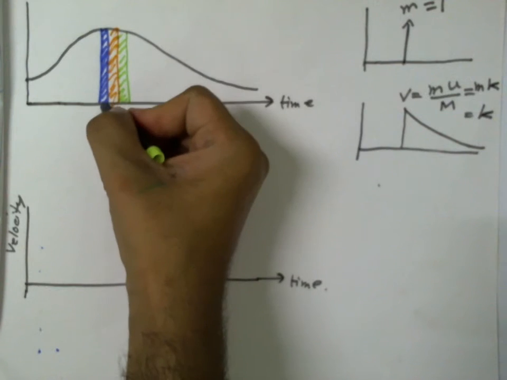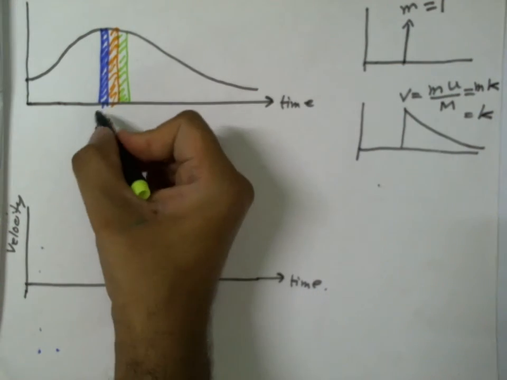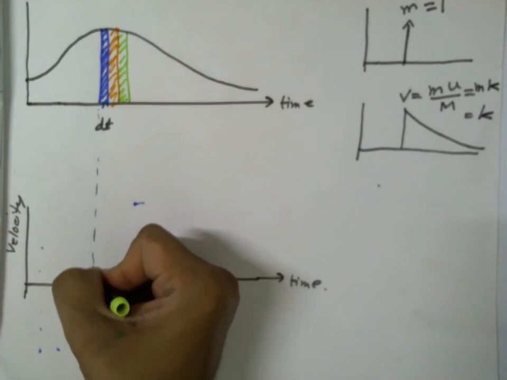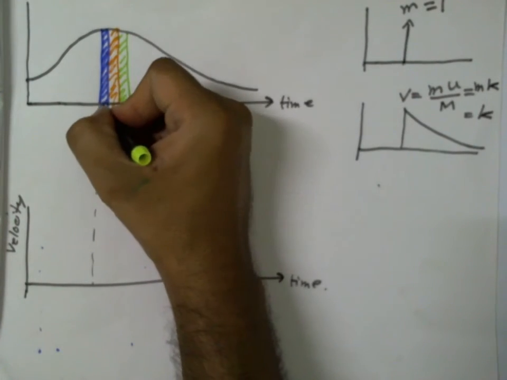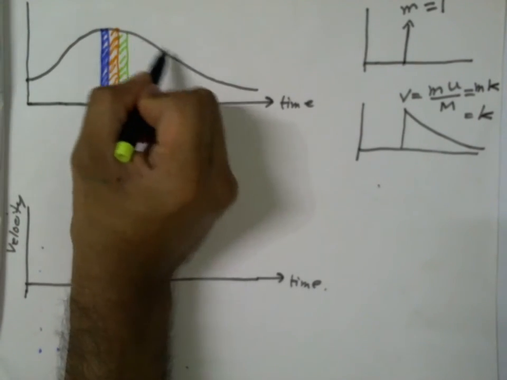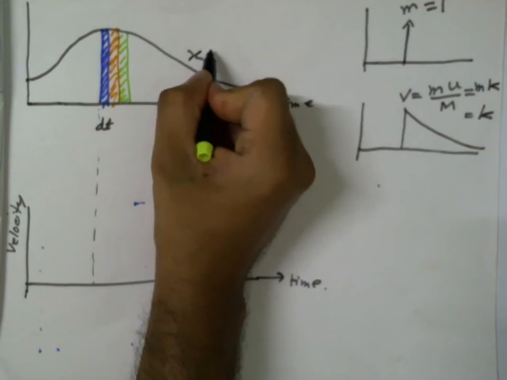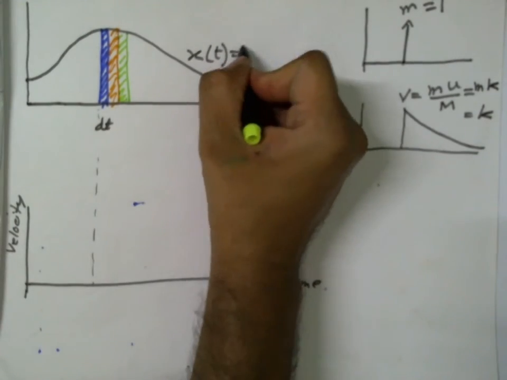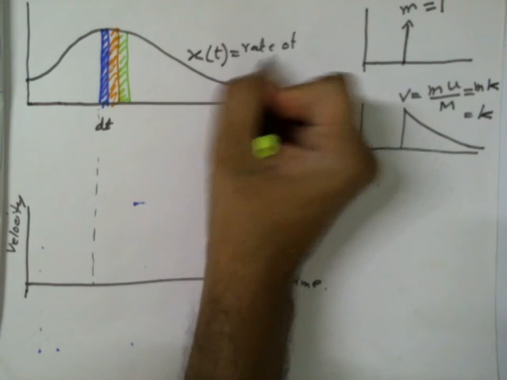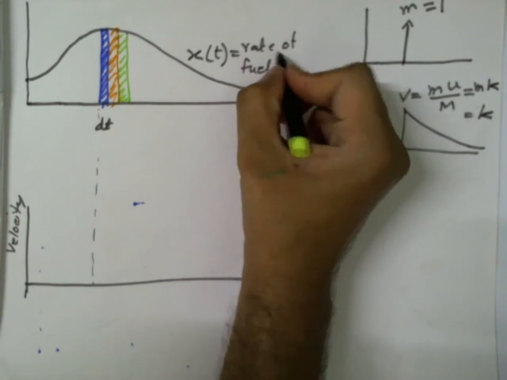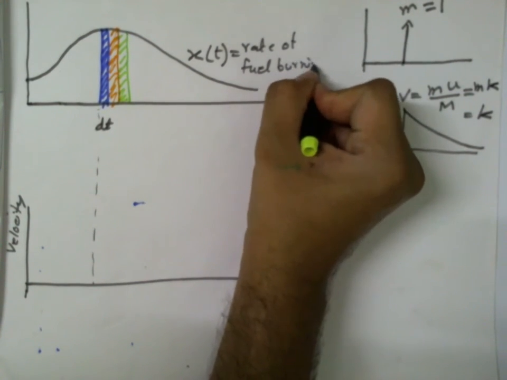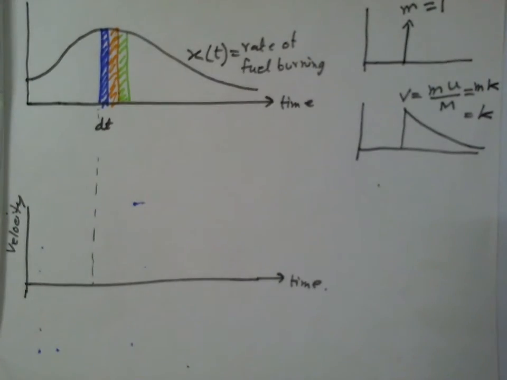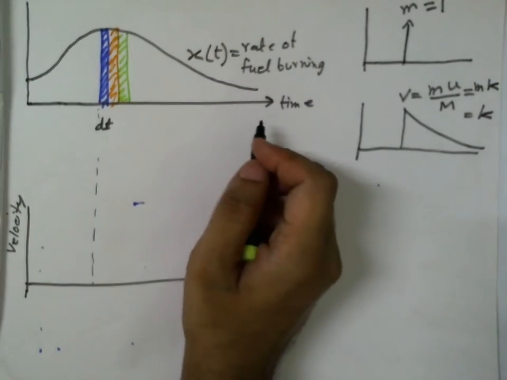Here we see that at this time, if I call this x(t), this curve is x(t), which is the rate of fuel burning, or the amount of fuel burned per unit time, per second.